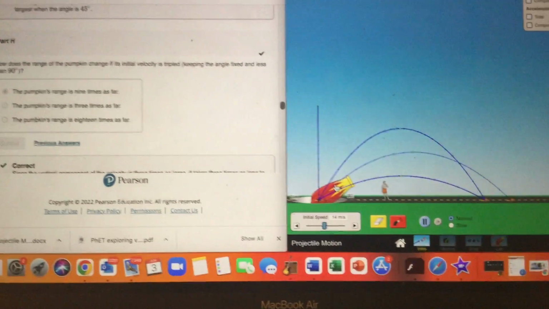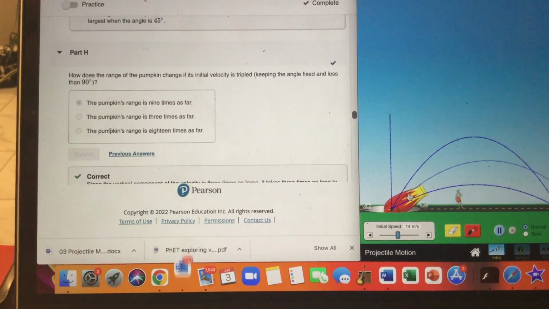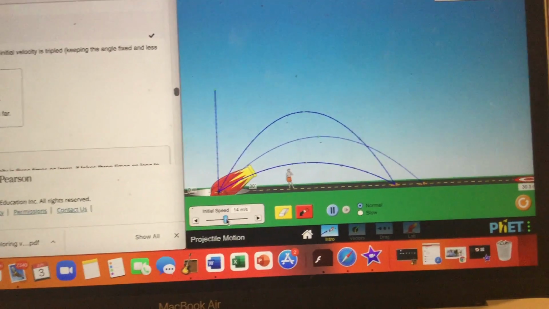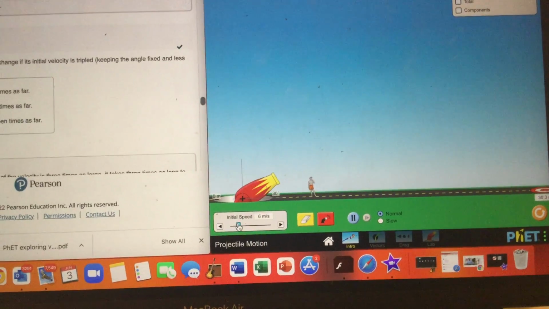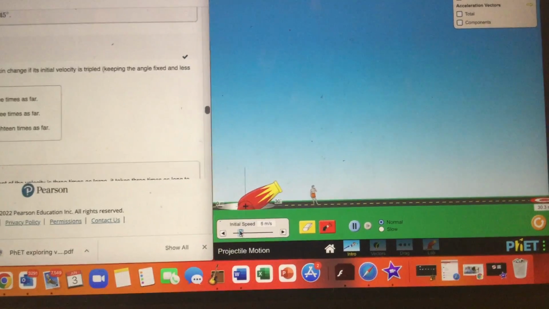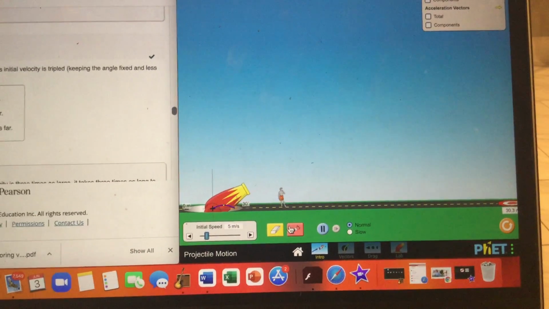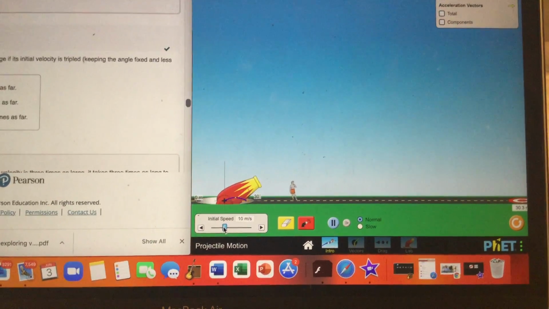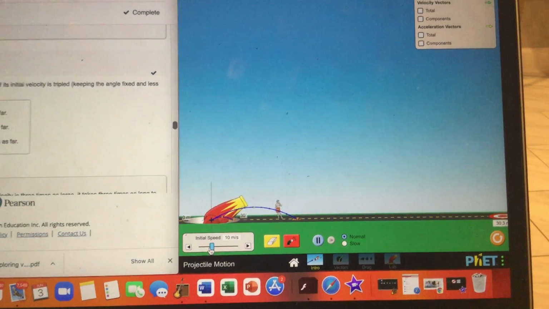But if we want to test this, we could start by deleting this and maybe setting it to 5 meters per second and seeing how it does. Let's set it to 10 meters per second, and then we'll set it to 30 meters per second.